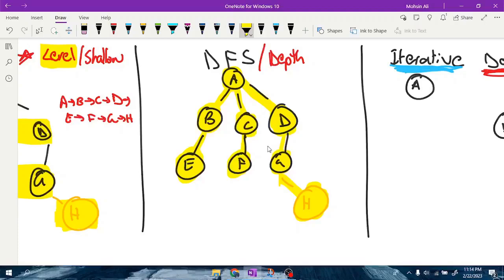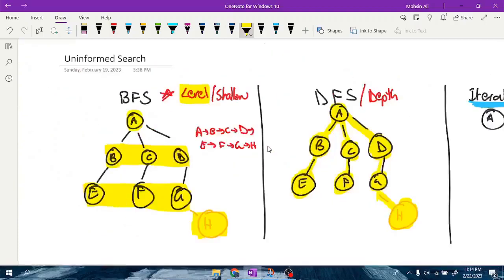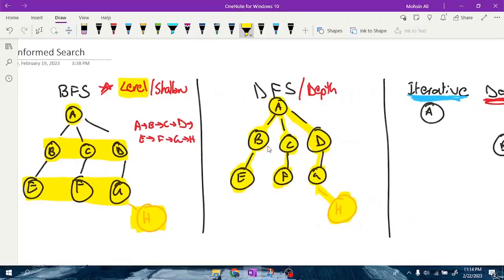Now I will be talking about the different advantages and disadvantages of BFS and DFS, right? But to give a very simple idea, BFS takes a lot of time to compute. That's why it is better for shallow goals, which means the goals which are very near to the upper levels, right?